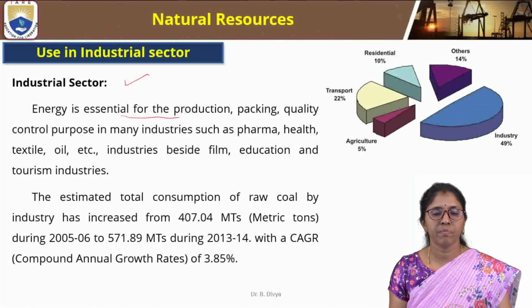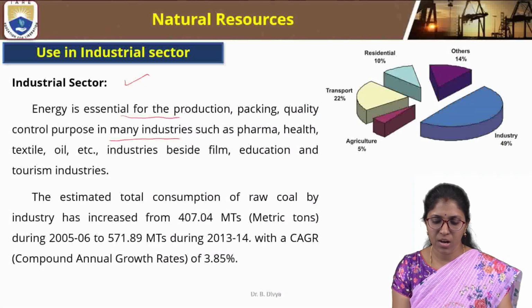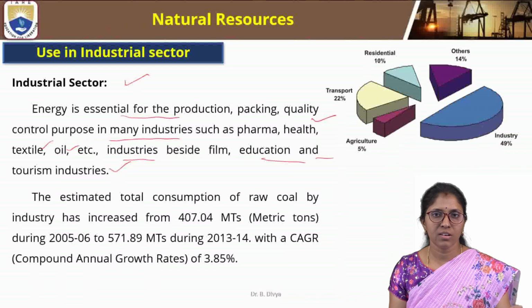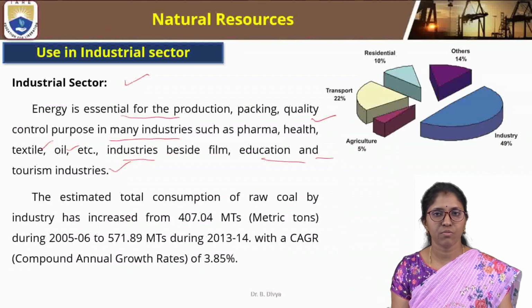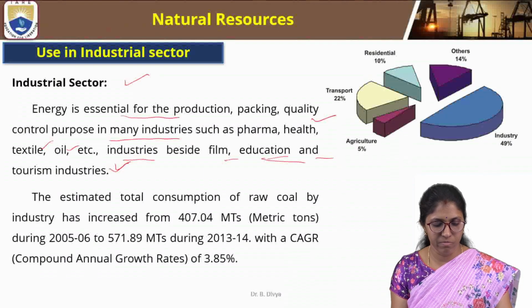Energy is essential for production, packing and quality control in many industries such as pharma, health, textile and oil industries, besides film, education and tourism industries. Most industries need energy.